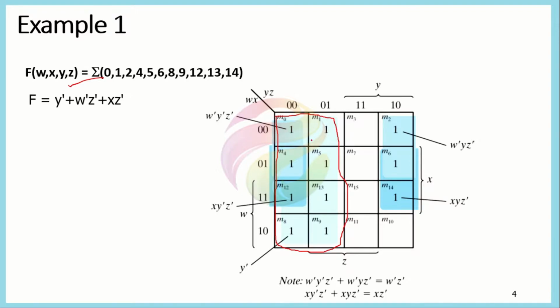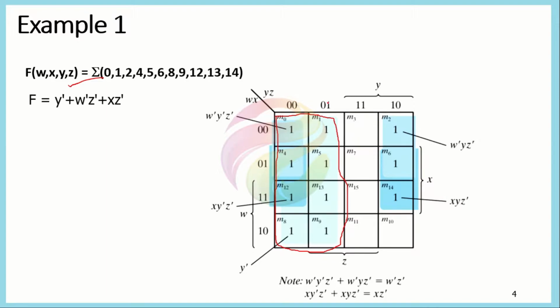Now we need to express this larger box in the form of a minimized expression. If you look at the values w and x here, w and x are representing the rows, while y and z are representing the columns. You can see that both the values of w and x are changing here, because x is changing here 0 1 and w is changing here from 0 to 1. So we have to ignore these.